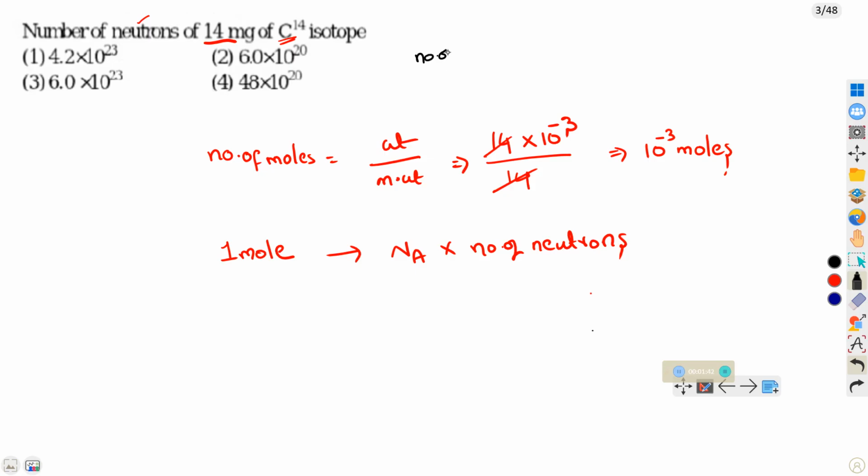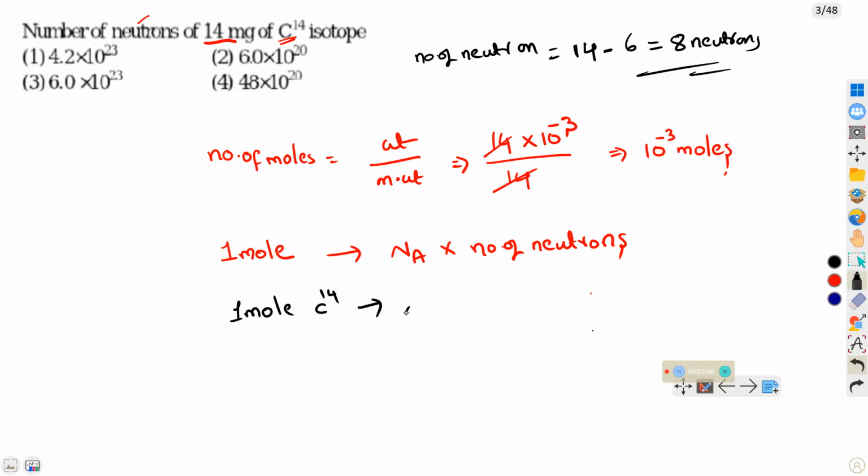Number of neutrons is equal to mass number 14 minus number of electrons 6. 8 neutrons are present. So 1 mole of carbon-14 contains Avogadro number into 8 neutrons.